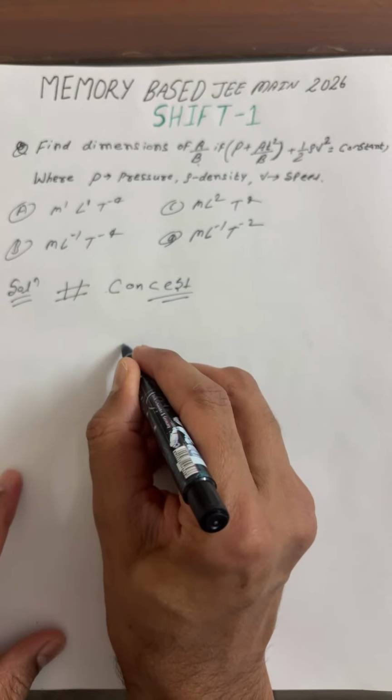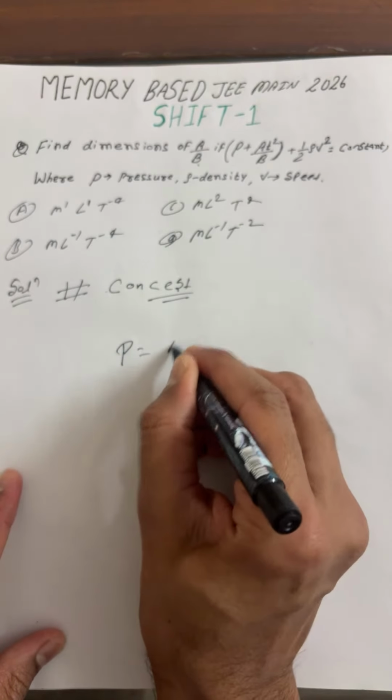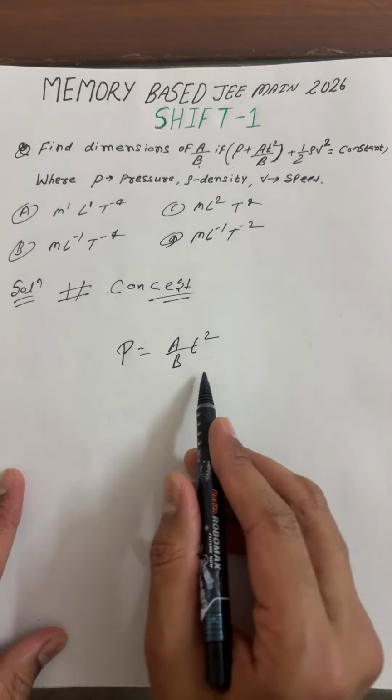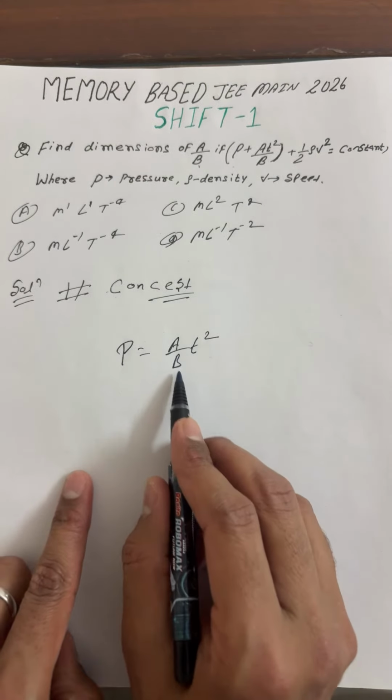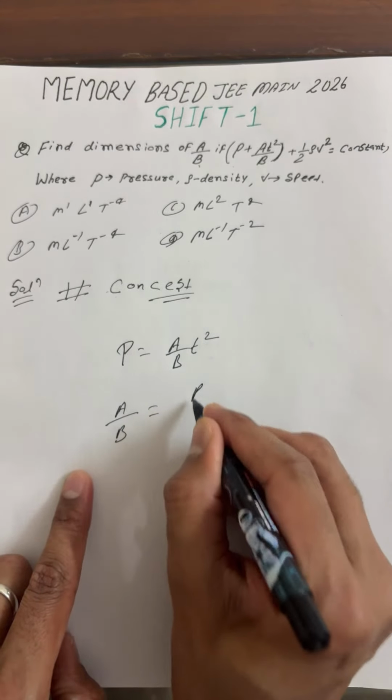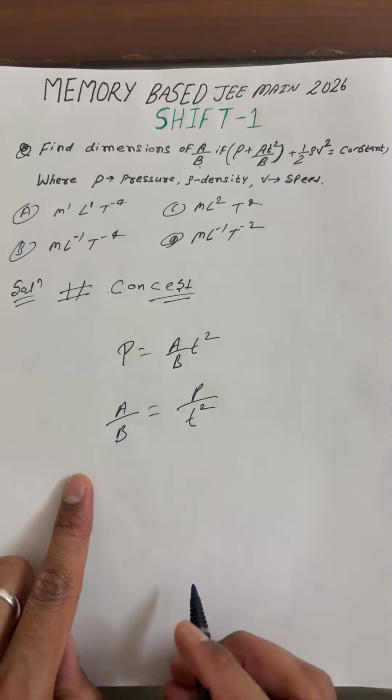So students can easily equate P equals A upon B into T square. We wish to find A by B, so A by B equals P by T square.